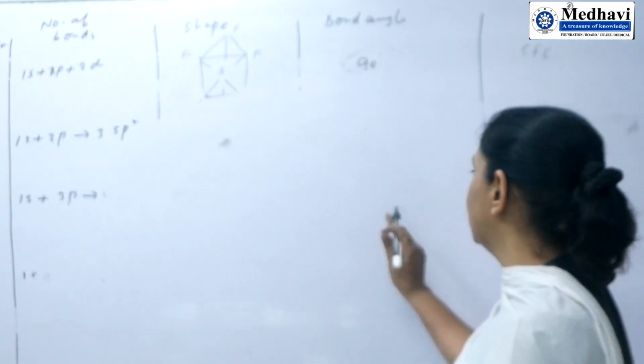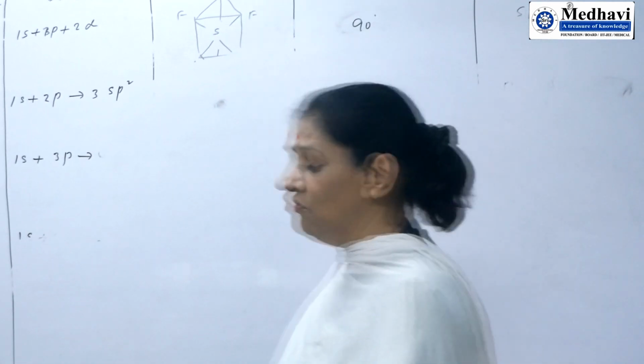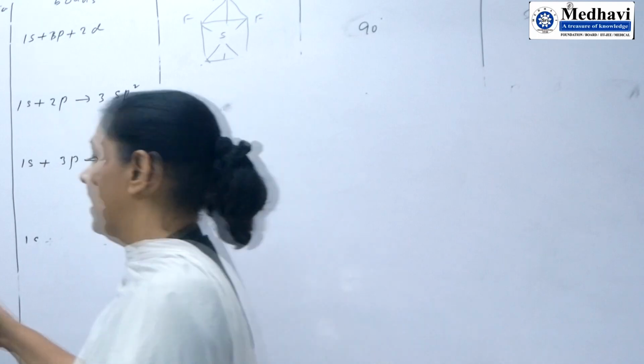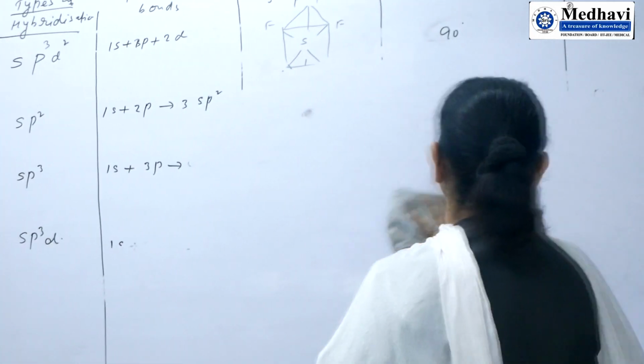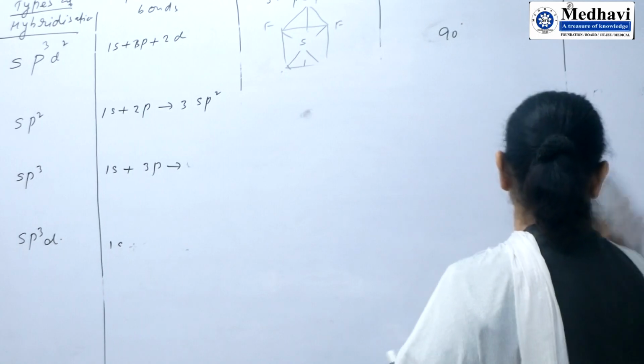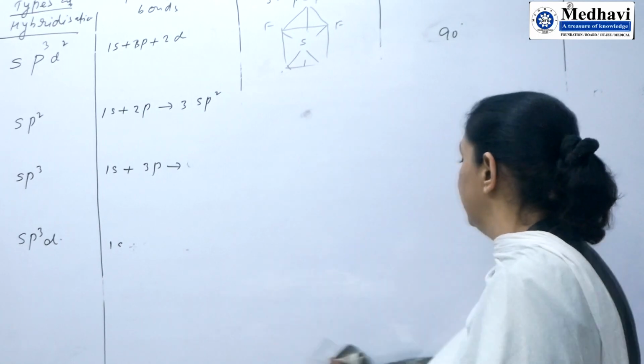If you see the structure of PCl5, then you find that 2 different types of bond develop.